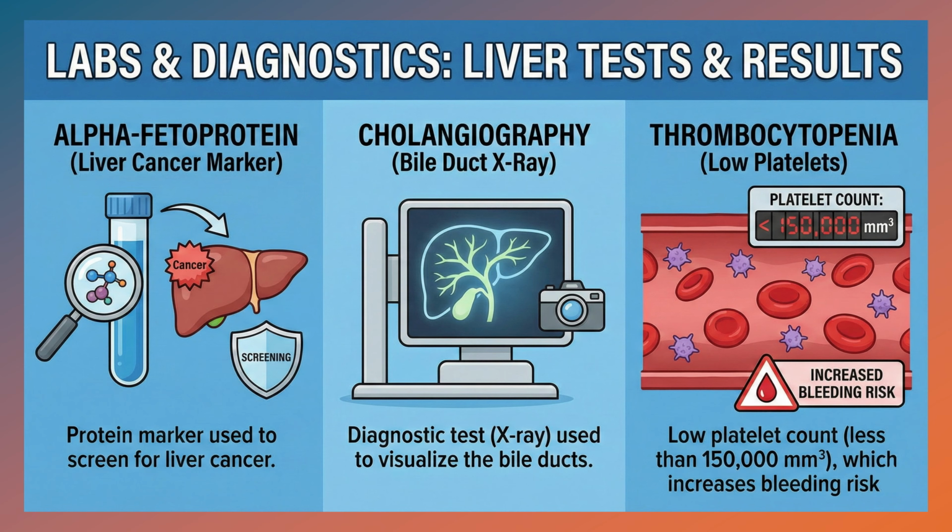And low platelet count less than 150,000 per cubic millimeter, which increases bleeding risk. Low platelets often from splenic sequestration in portal hypertension.